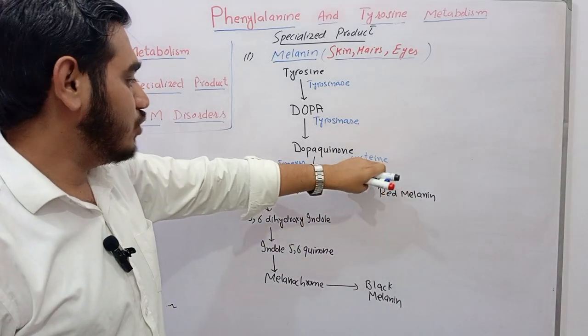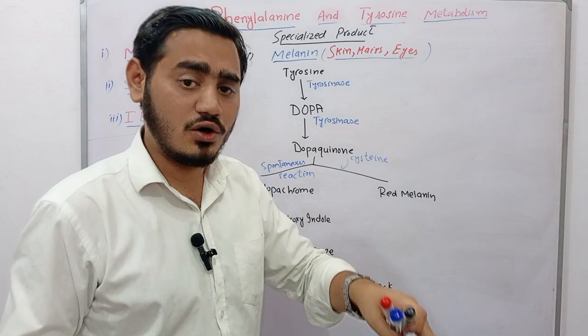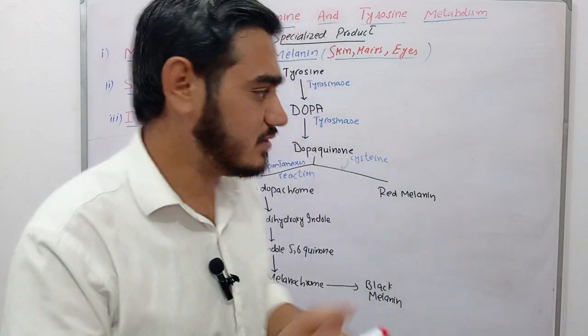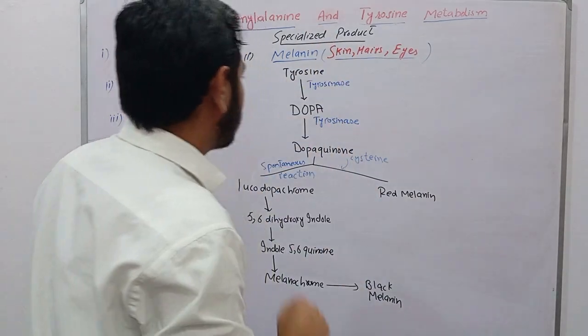Through incorporation of cysteine amino acid, there is a formation of red melanin, and that's how melanin gets synthesized. This is the first product that forms by the metabolism of phenylalanine and tyrosine.